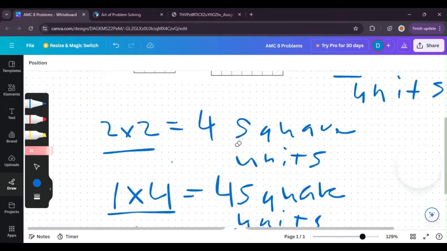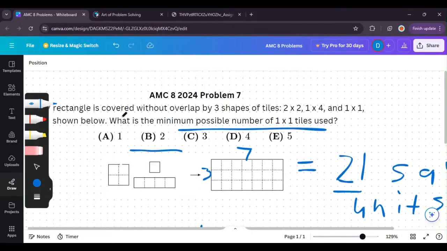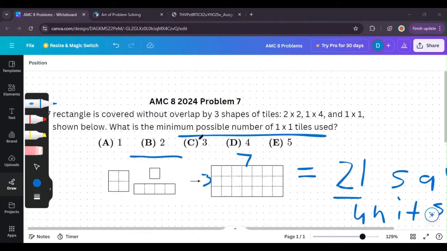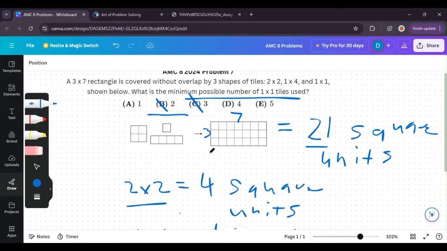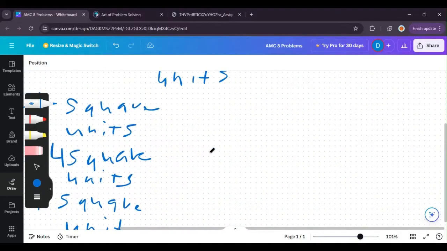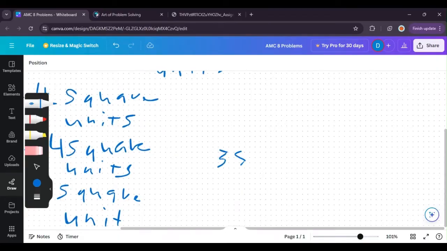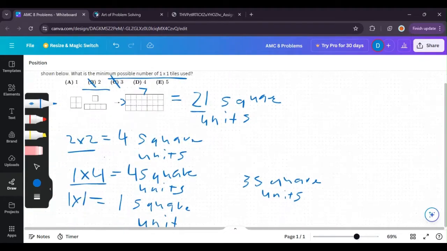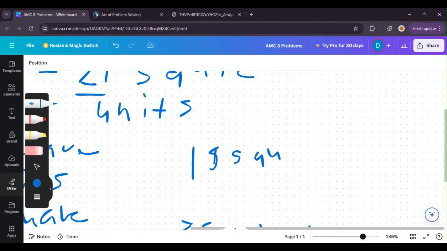So we can cross out B. We also know that C doesn't work, for the same reason. If there are 3 1 by 1s, it covers a total of 3 square units, and that means there's 21 minus 3, which is 18 square units left to cover.